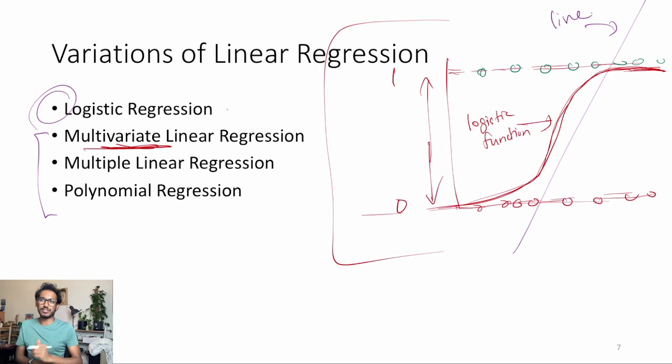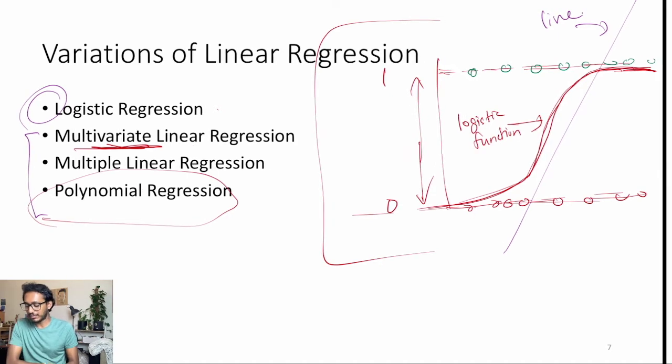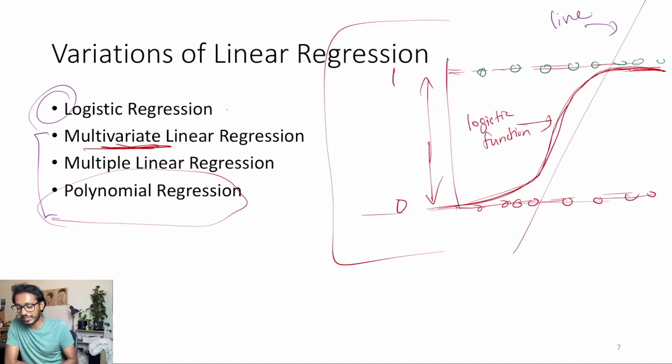So it's sort of the flip side of each other. And then we have polynomial regression, which we talked about earlier, which is a special case of multiple linear regression, where we can describe a linear regression through a polynomial function. Okay, so that's it for different variations of linear regression.